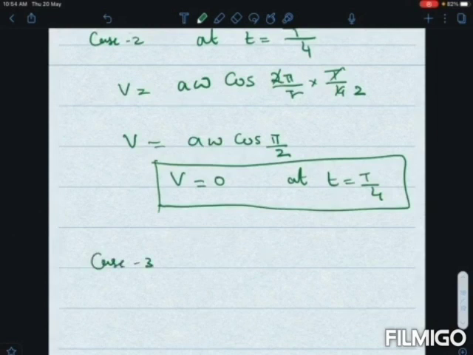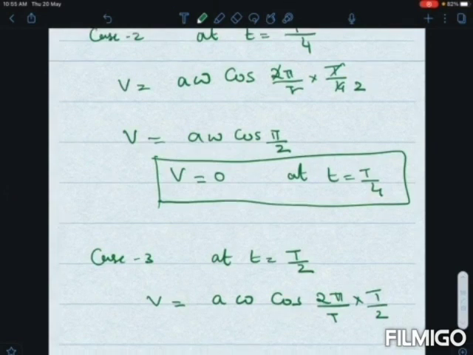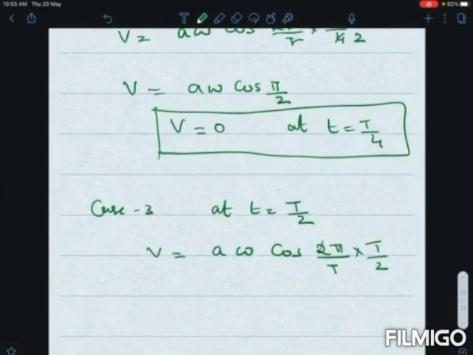Case 3. So case 3 is at t is equal to T by 2, half the time period. V will be equal to a omega cos 2 pi by T into T by 2. So 2 and 2 get cancelled, and T and T get cancelled, so you end up with pi.